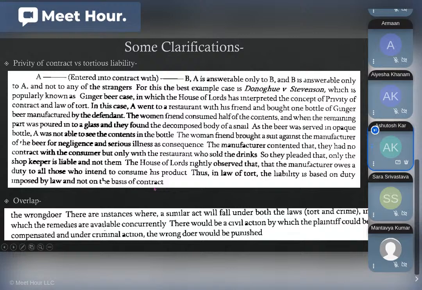Although there is no actual existing prior contract between the manufacturer of the beer and the one who consumed it, because the contract was only between the manufacturer and the shopkeeper or the restaurant to whom the beer was sold, and the further contract was established only between the restaurant and the consumer. The duty of care that you have towards every member in the society, जो भी तुम्हारा product consume करे, you cannot avoid that. That's why you are liable.